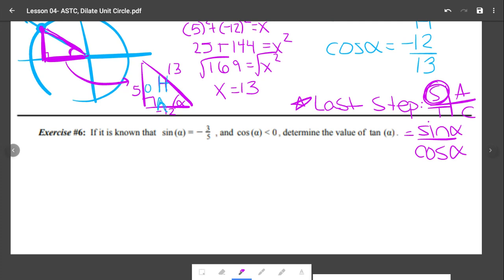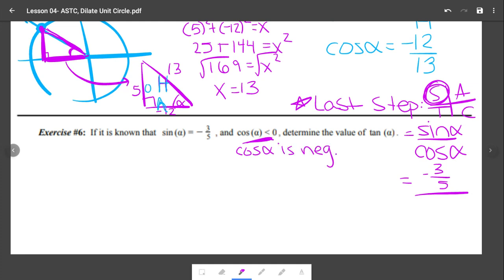When I do sine divided by cosine, I know what the sine is. I have negative 3 over 5. But unfortunately, I don't know what cosine is right now, so I'm going to have to find it. All I know is that cosine is less than 0, which means cosine is negative.